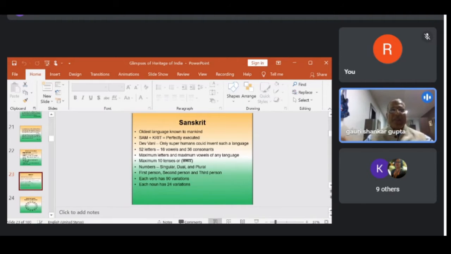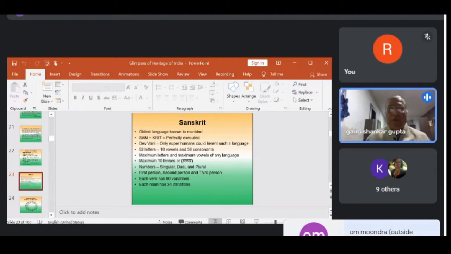So because of these detailed prescriptions of the language, this language is considered the most precise language in the world in terms of expression. Because the more precision you give, the more detailed the language has to be. And that is why this language is extremely precise when it comes to expressions.